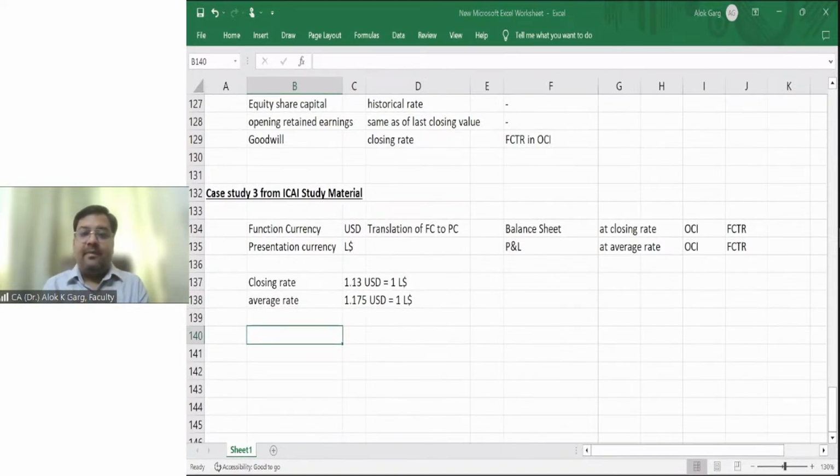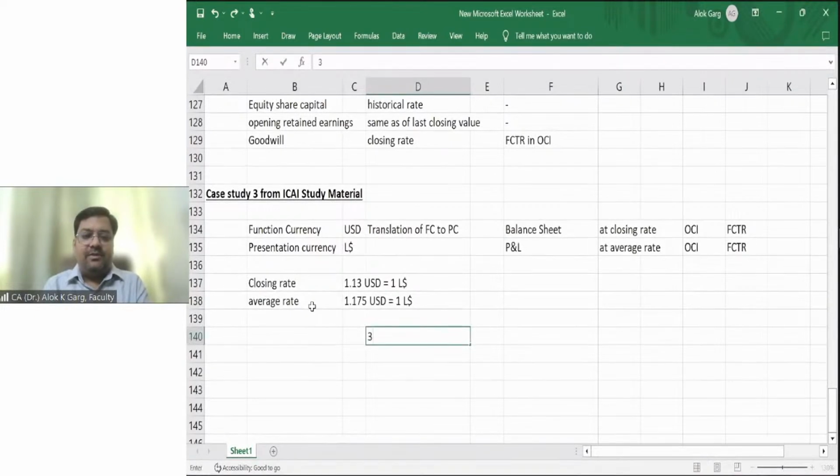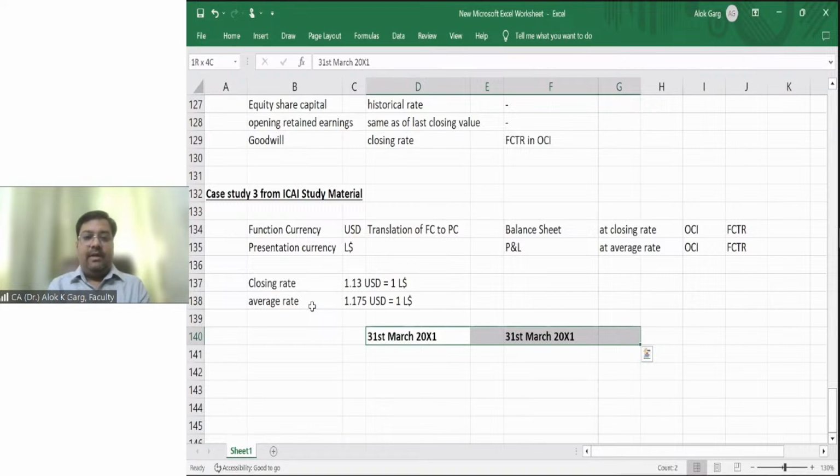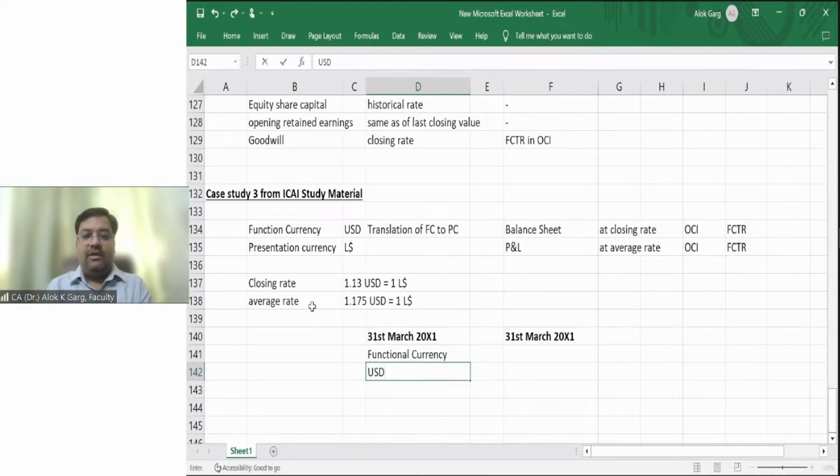And let's assume 31st March 20x1, some balance sheet in functional currency is given, right? So 31st March 20x1, and this is my functional currency, US dollar.